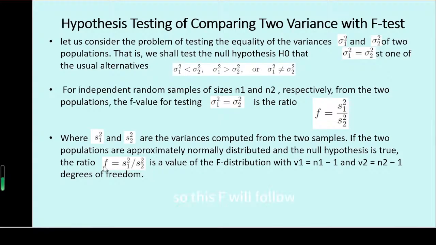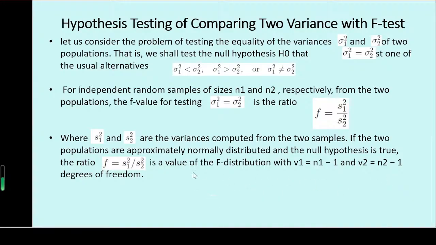So this F will follow an F distribution with N1 minus 1 and N2 minus 1 degrees of freedom, if the null hypothesis holds, that these two sigma squares are equal. Under this null hypothesis, the sample statistic F will follow an F distribution with N1 minus 1 and N2 minus 1 degrees of freedom.